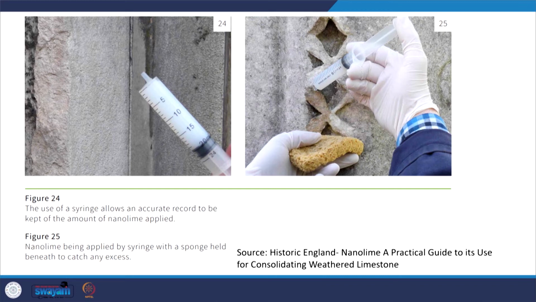There are three processes: we can apply it by spray, or by syringe. If we apply it through a syringe, we know what kind of quantity we are giving. Similarly, the excess could be collected with a sponge. So it should be meticulously carried out.